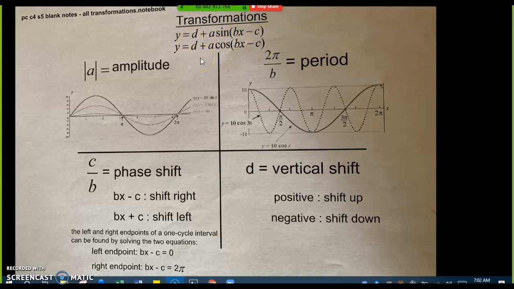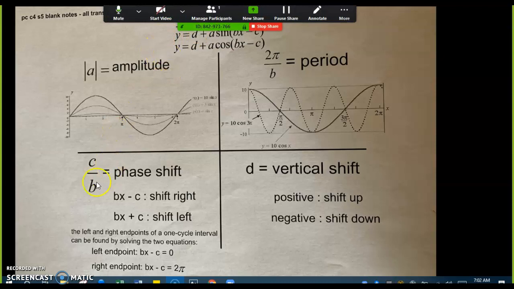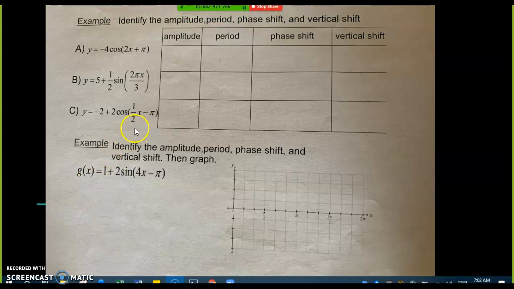All right, guys, this is very similar to our transformations that we did back in the day, right? The only difference is now we're using sine, cosine functions. All right, let's go to the practice problems and let's review some of the practice problems.